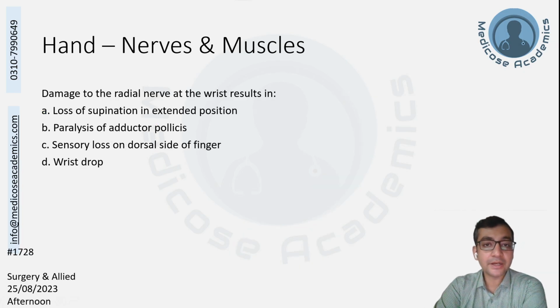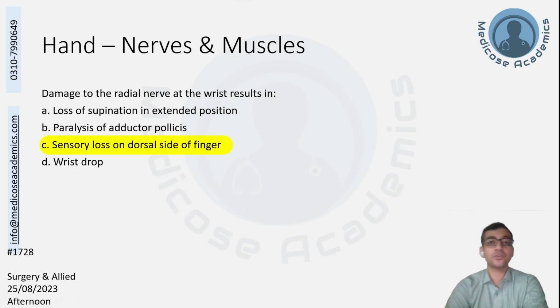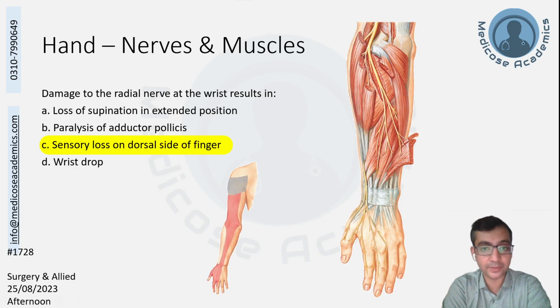Damage to the radial nerve at wrist results in what? That's an interesting point. If it is damaged at wrist, all of the muscles before that have already been supplied. So there is no paralysis. There will be no wrist drop. There will be loss of only the sensory innervation of the radial nerve that is going on to the dorsal aspect. So there will be the sensory loss of the dorsal aspect.